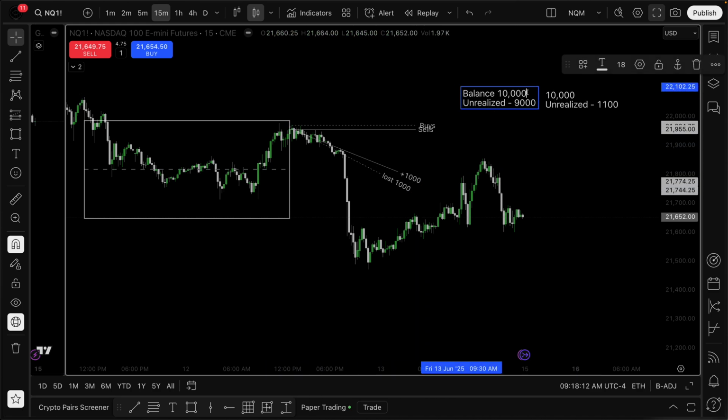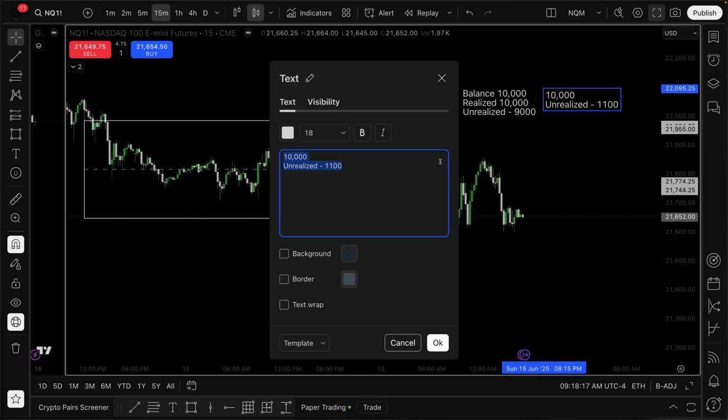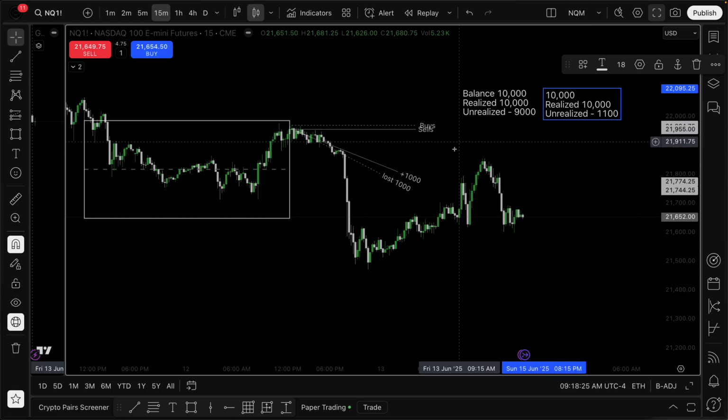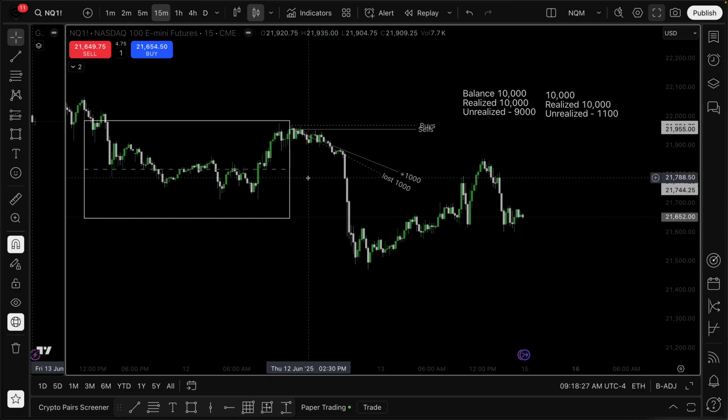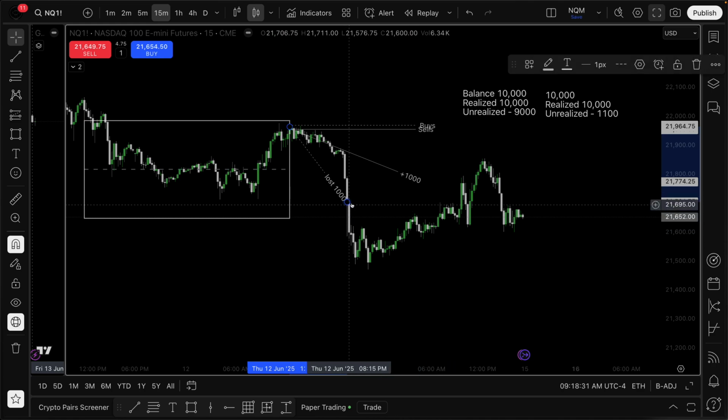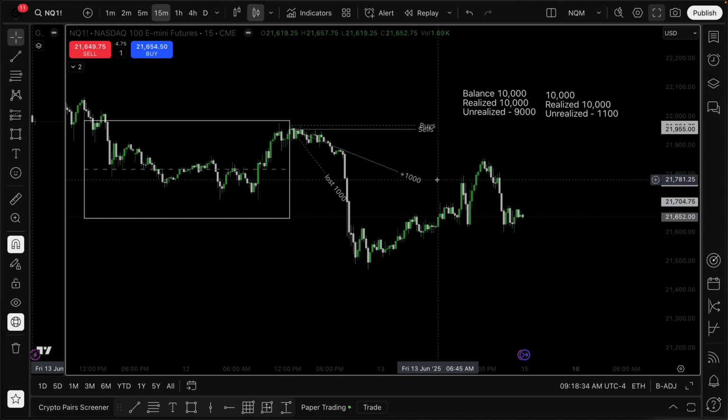Balance realized, unrealized. 10K, 10K, 1K. So at this point, if someone who's losing $1,000 closes here, his balance is at $9,000.